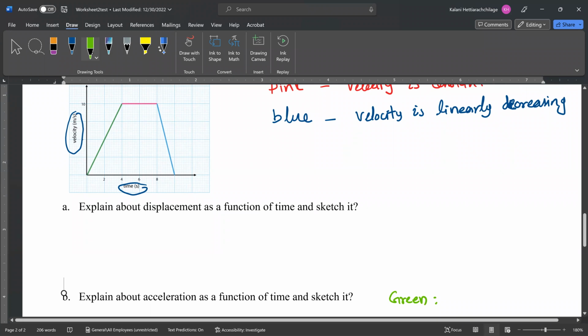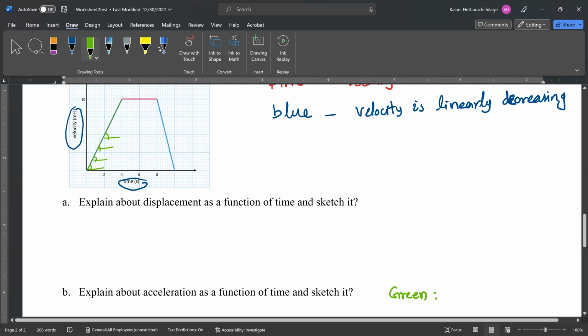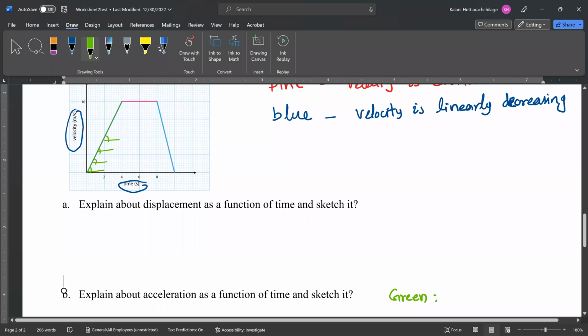But what will happen to the acceleration? That means you need to think about the slope of this graph. You see that the tangent of theta is the same for all of them. So for the green part, your acceleration is constant, and it is also a positive slope. The slope is constant, which means acceleration is constant.